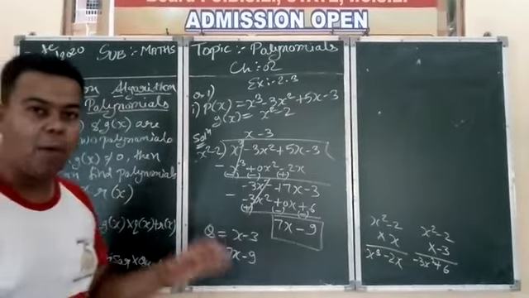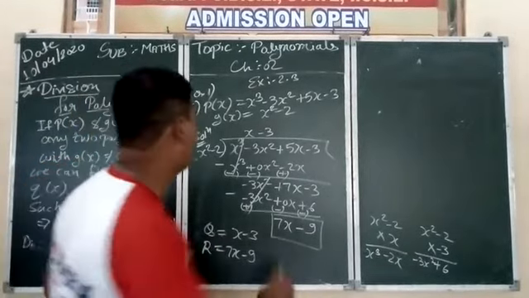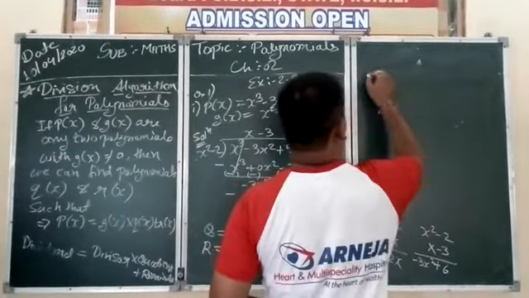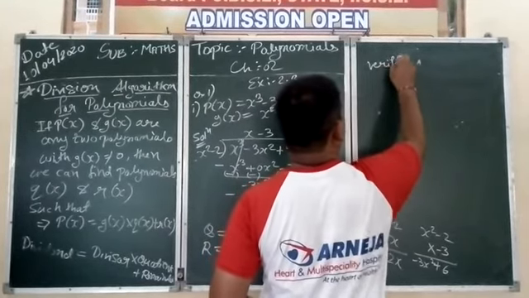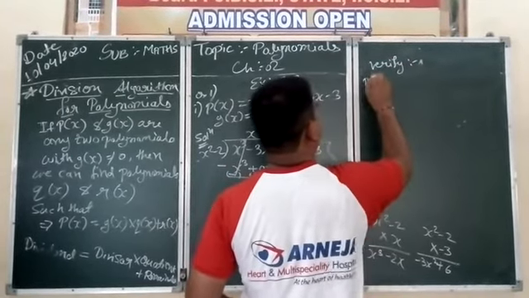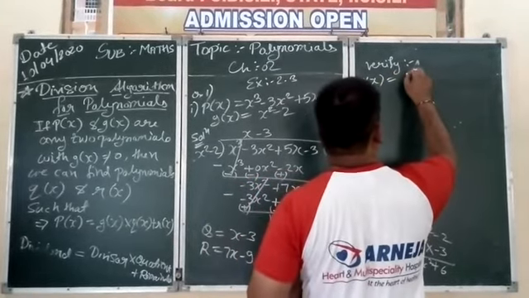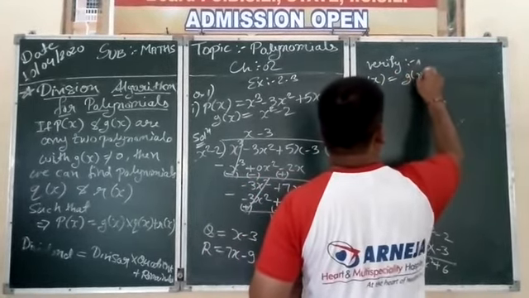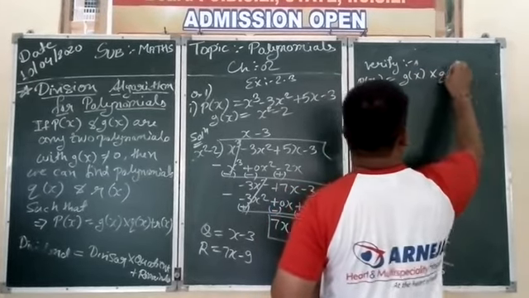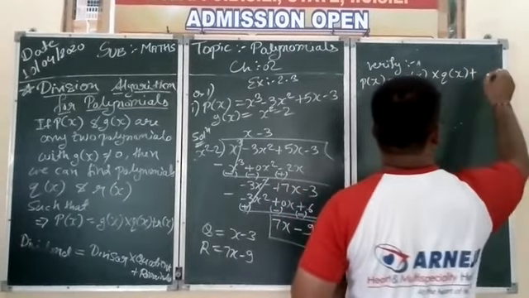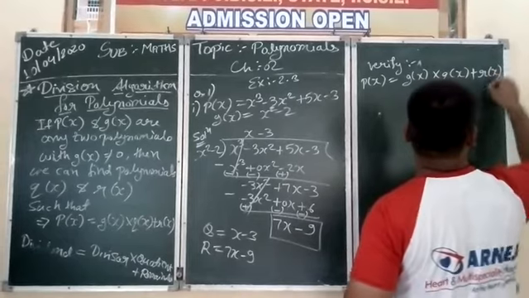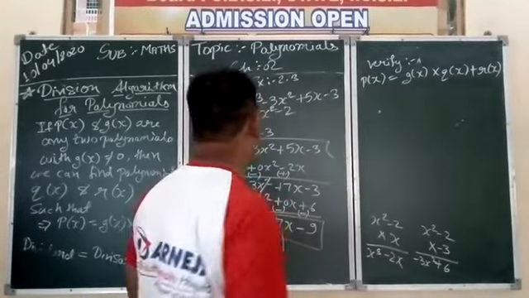Now we check whether our answer is correct or wrong. So verify our answer. P of x is equal to g of x into q of x plus r of x, the remainder.